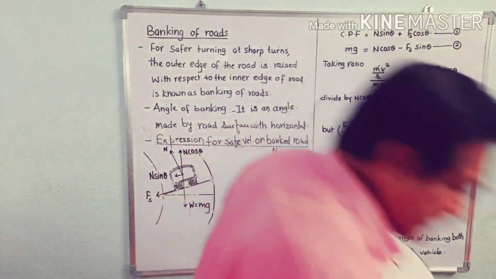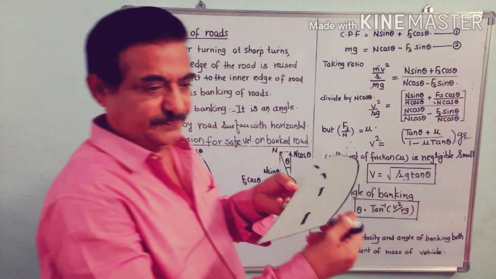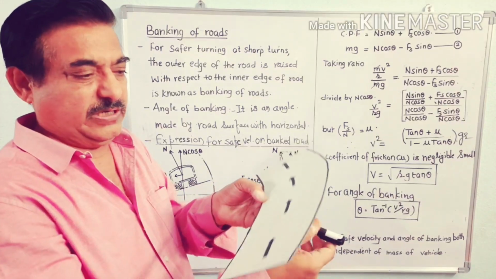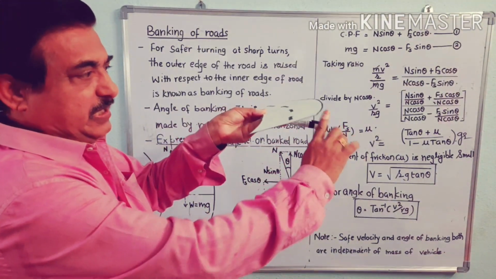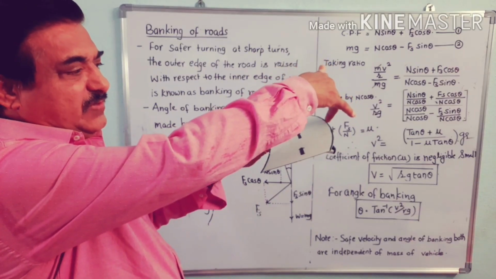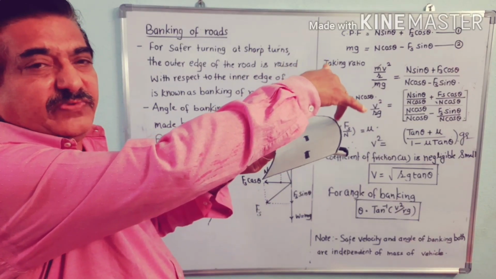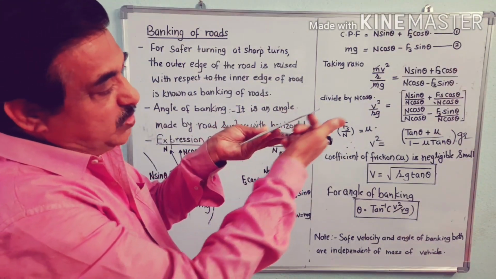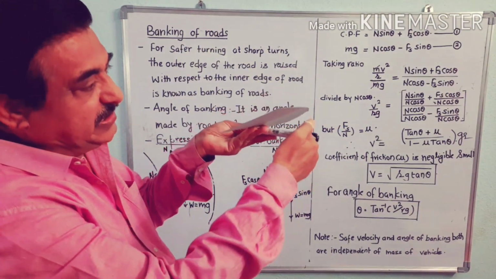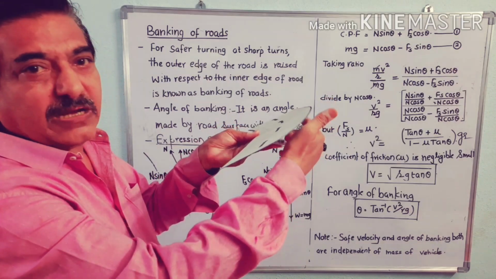If this is a horizontal line, and the outer edge of the road is raised with respect to the inner edge, then the angle made by the road surface with the horizontal is called the angle of banking.